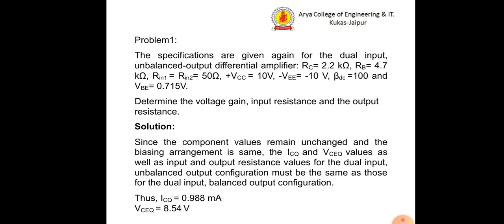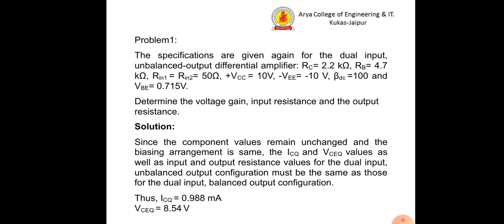Now, to have more insight into this AC analysis, we take a problem in which specifications are given for the dual input unbalanced output differential amplifier. Here we are given the values of all the resistances and the power supply, and we have to find the voltage gain, input resistance and output resistance.